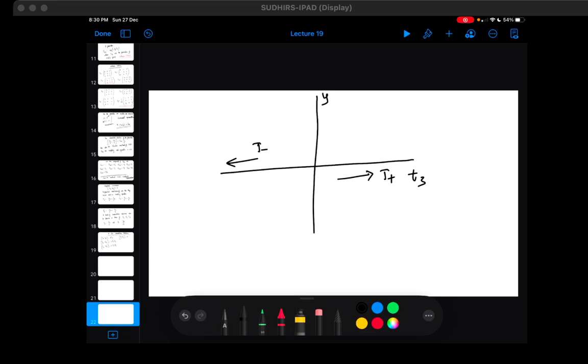So for example, U plus will start increasing Y by 1 unit and reducing T3 by half unit, whereas U minus would act in the opposite direction.